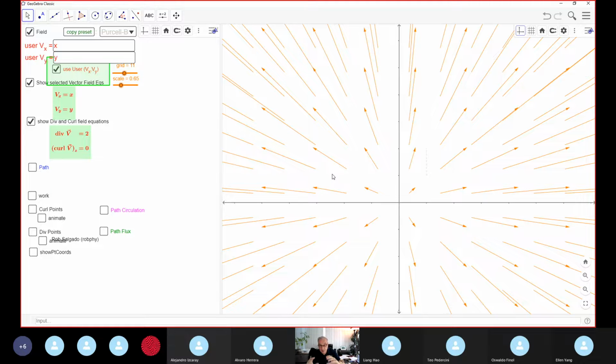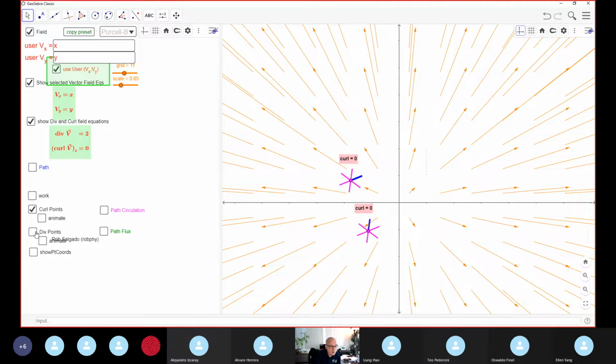So we have a circle, you have the tangent vector, and this is the normal vector, perpendicular.